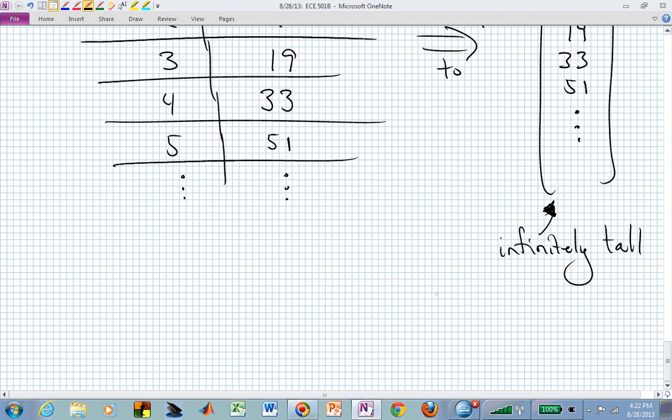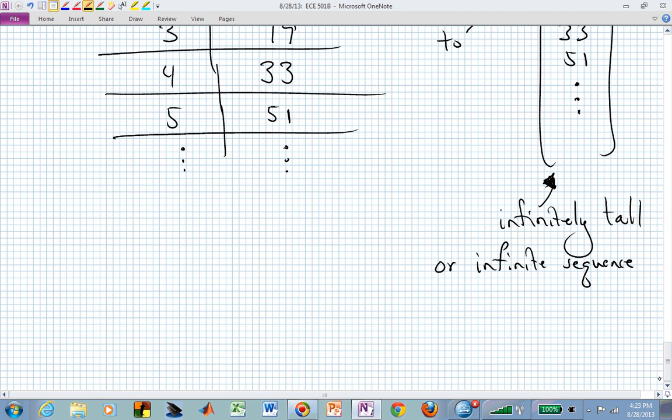So this is another way of thinking about how you might generate such an unending sequence of numbers. It might come from a function. Well, we can generalize that to other vector spaces.